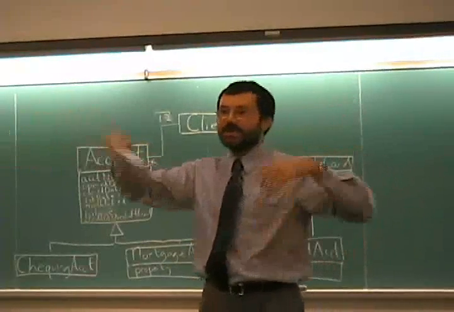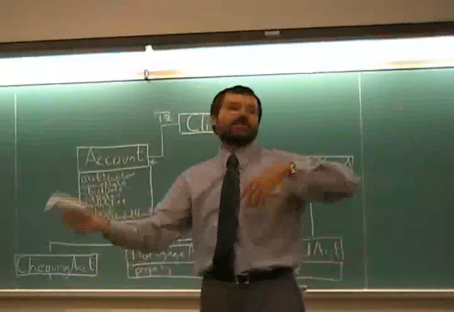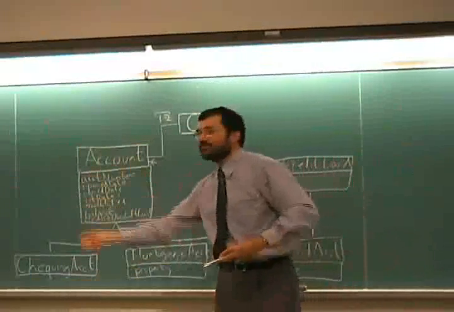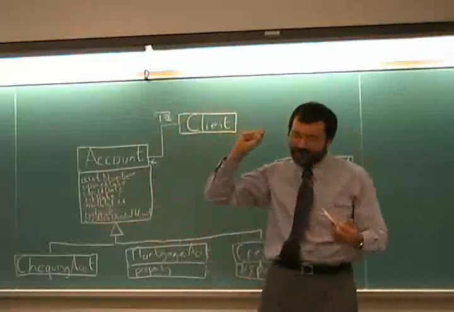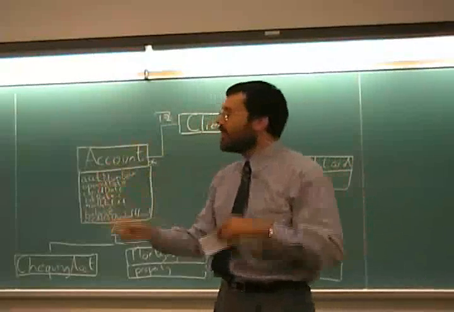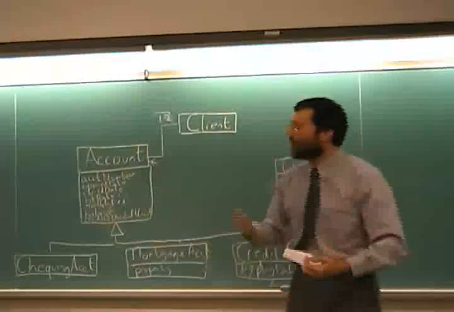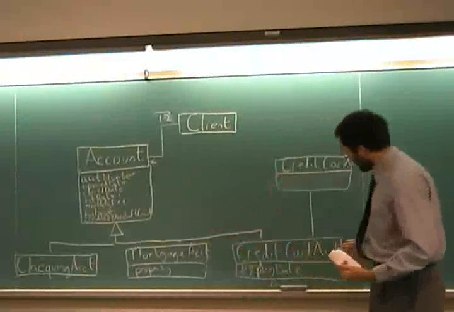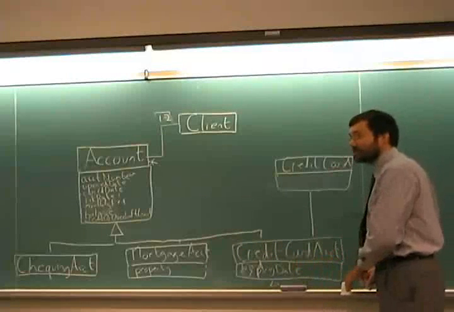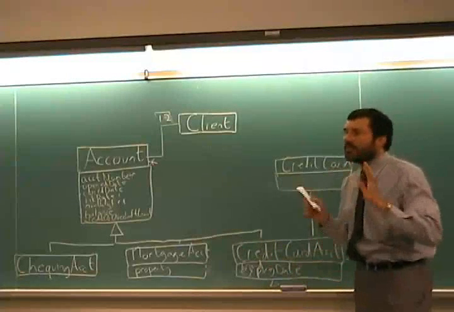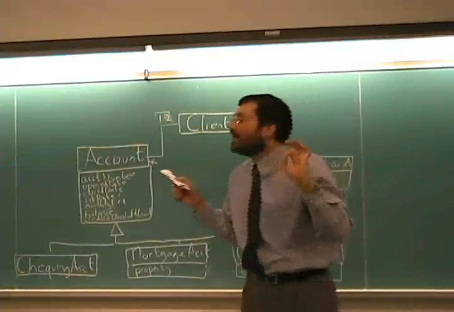Okay, so he's suggesting that we have all kinds of features on cards, like savings at stores and money back points and stuff like that. Now, what you're suggesting, then, is that basically every time we come up with a new kind of set of features, we're going to have to create a new class and subclass it and add the extra features. That's something we have to think very carefully about.